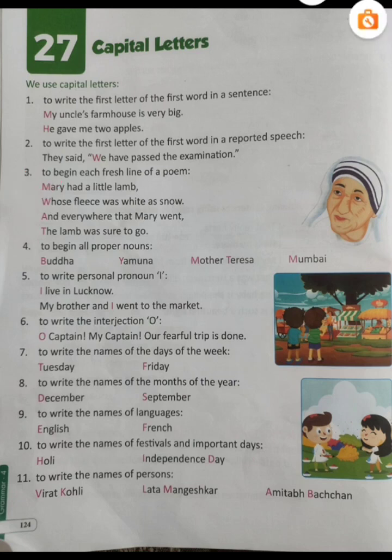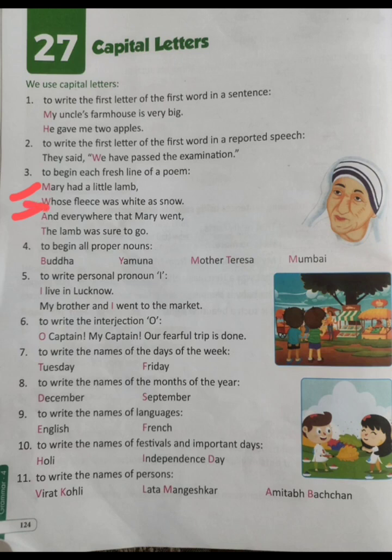As you can see here, Mary had a little lamb, first line. Then again the second line they started with a capital letter. Whose fleece was white as snow. So in the second line also they started with a capital letter.